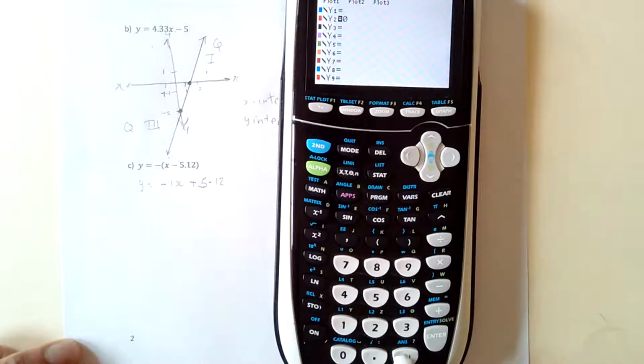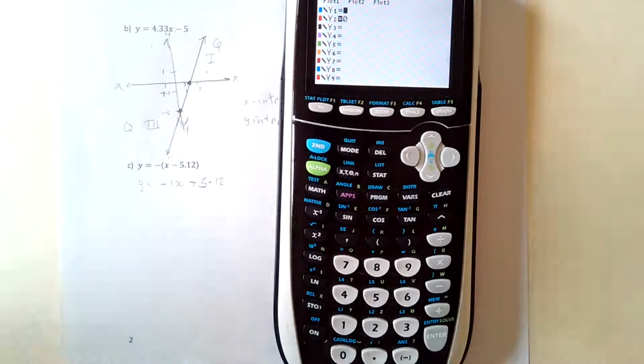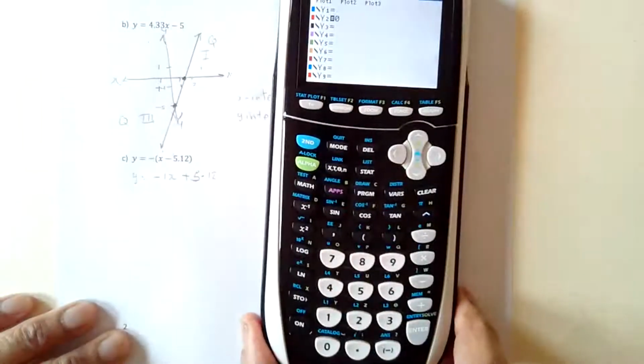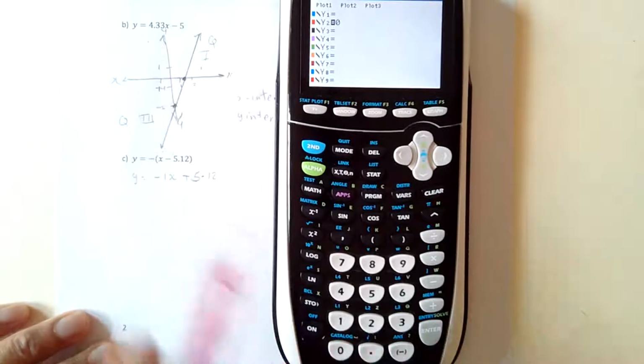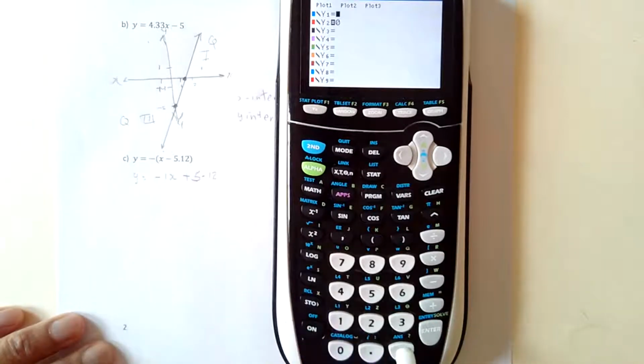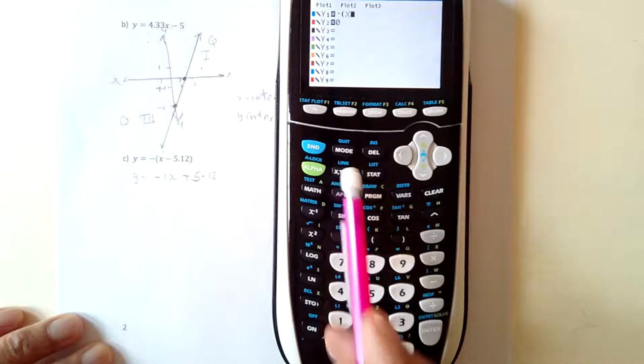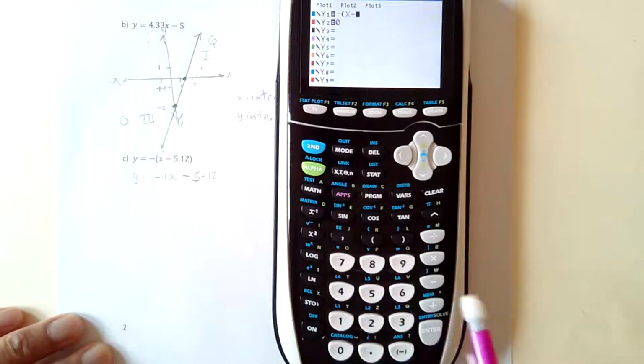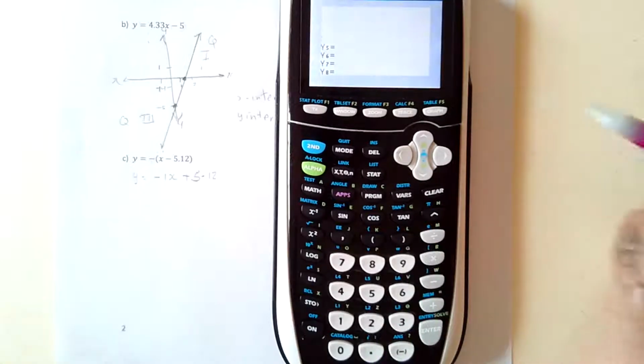Remember your negative sign. I'll just zoom out a little bit so you can see better. You want a negative in front, so it would be negative, then the open bracket, the x button, subtract 5.12, close bracket, and graph.